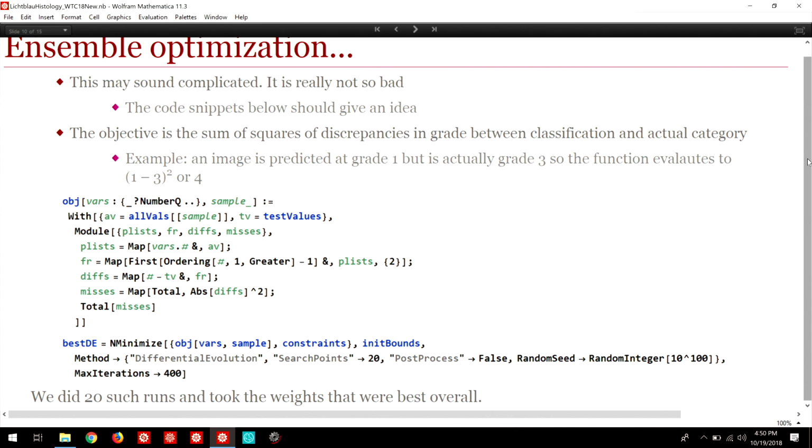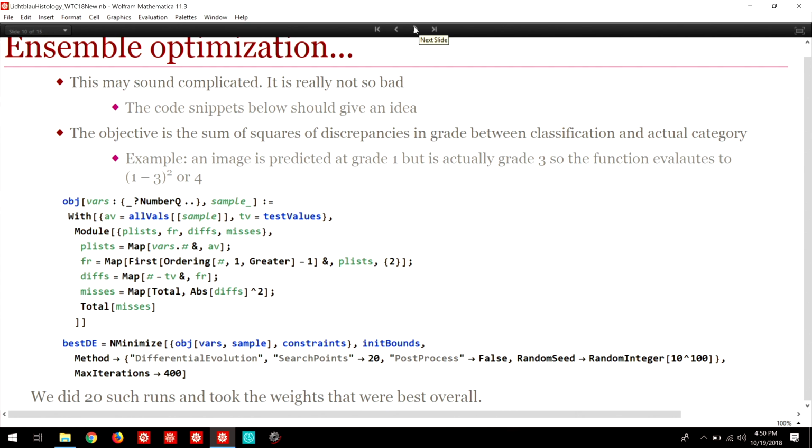Because the actual outcome is discrete, 0, 1, 2, or 3, we take the difference between actual and expected, our mistake in other words, and we square it.